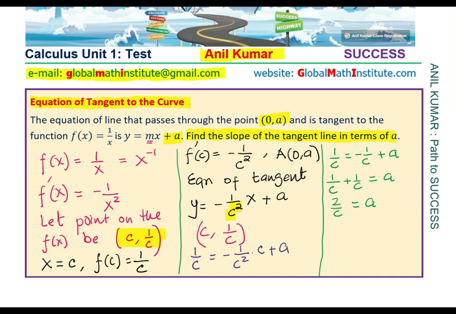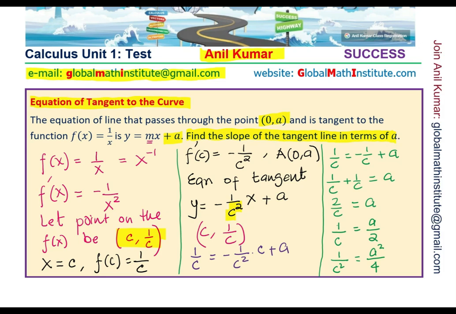Or you can say 1 over c equals a over 2, right? Is that clear? So we get the value of 1 over c as a over 2. And if I want to square it, squaring both sides, 1 over c squared will be a squared by 4. You get the whole idea, right?